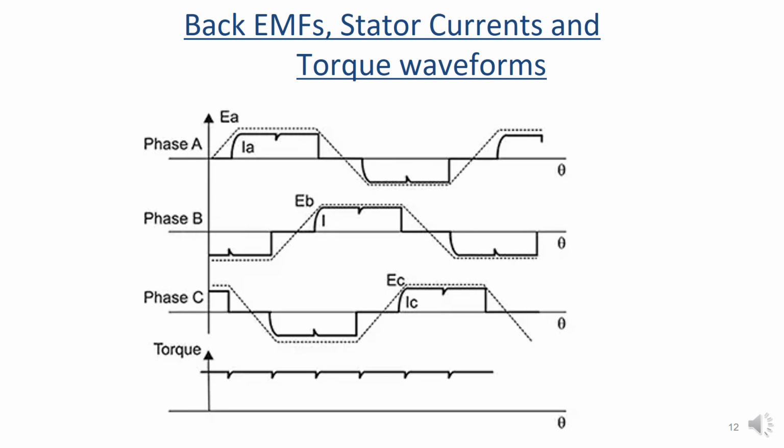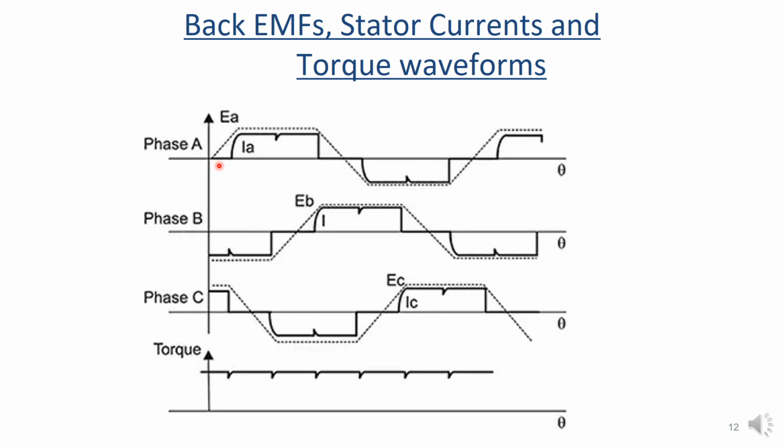The figure shows the back EMF, stator current and torque waveforms. For phase A, we have a stator current waveform. This is the stator current waveform, and we can see it is a quasi-rectangular shape.